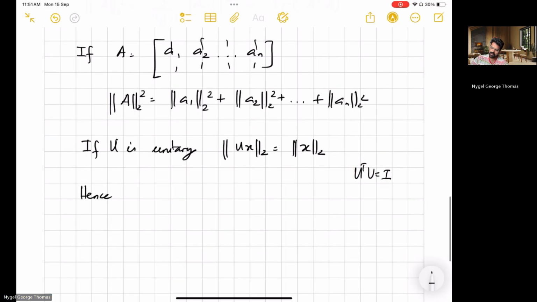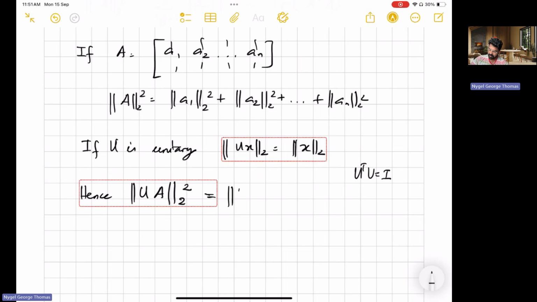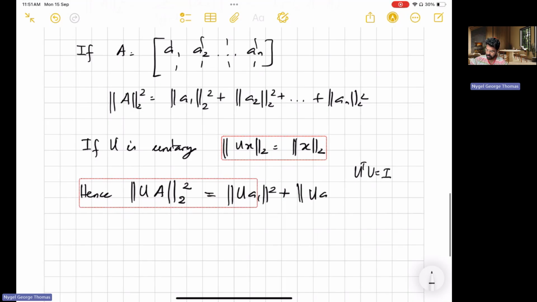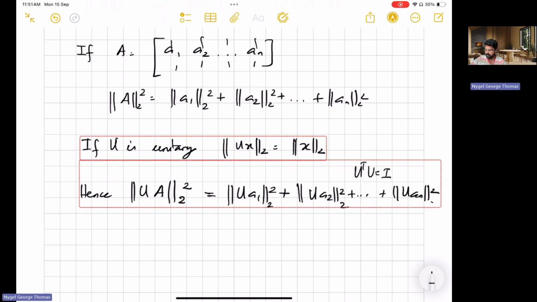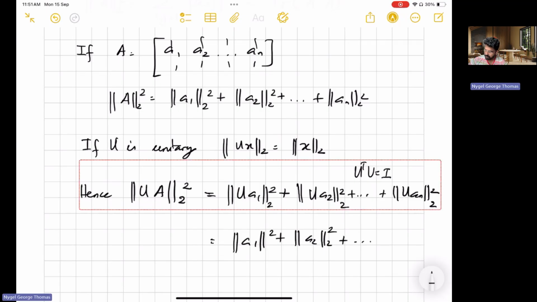Hence, if you have a matrix like this, U into A, A is actually a stack of all these column vectors. So you can individually split it over all these column vectors. This is norm of UA1 squared plus UA2 squared plus etc. plus UAN squared, all these being L2 norms. But we already know that this is norm of A1 squared plus norm of A2 squared plus norm of AN squared, right?